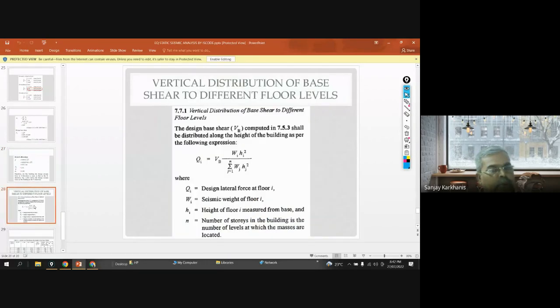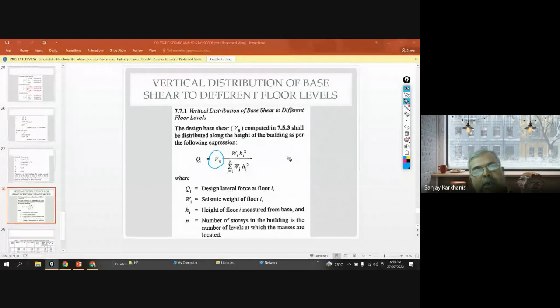Now this is the law. What is the vertical distribution of base shear to different floor levels? So actually now you have calculated the total base shear. Now that you are providing with this law, and you can see that Wi is the seismic weight at ith floor, Hi is the height of ith floor, the height is squared and divided by sum of everything.